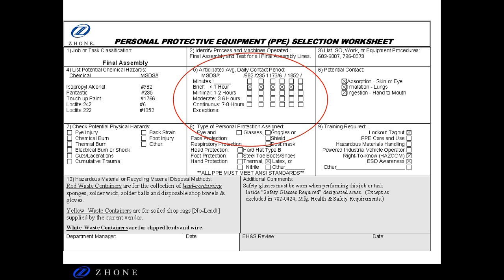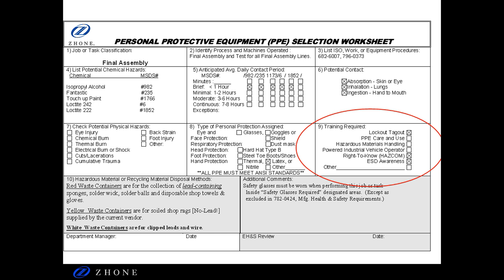Block number 5 tells us the anticipated daily contact period for the chemicals listed in the area. Block number 6 tells us how the potential contact might happen. Block number 7 lists the potential physical hazards of working in the area. Block number 8 lists the equipment needed as protection against the potential hazards found in the area.